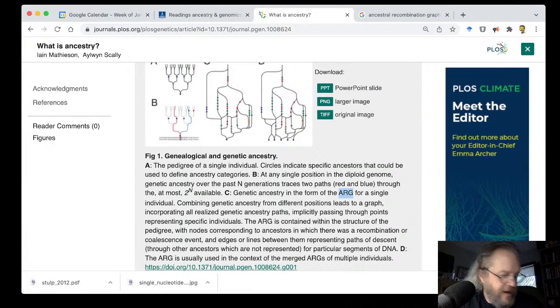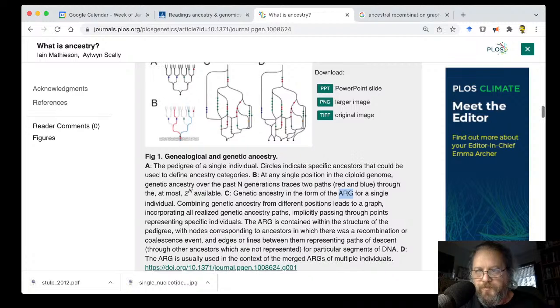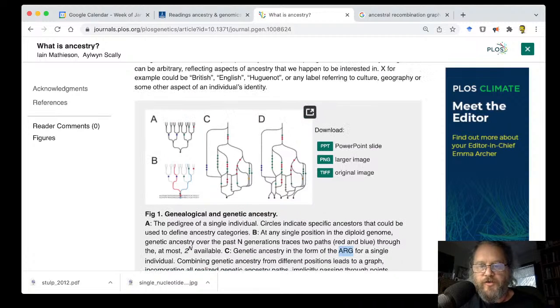And so ARG stands for ancestral recombination graphs. Okay, if you remember your genetics, basically, the reason that we're not identical copies of our parents is because the gametes shuffle your genetics through recombination.